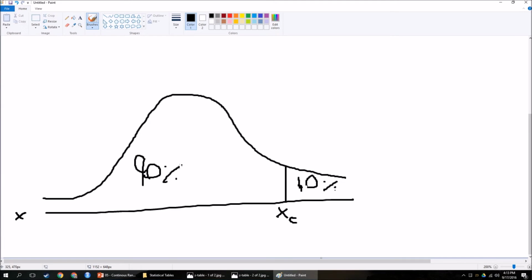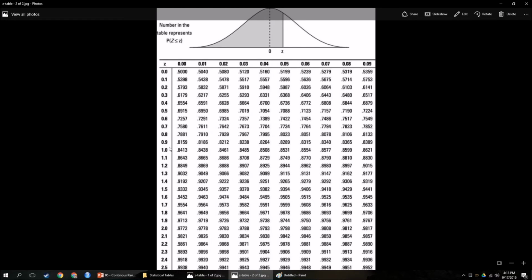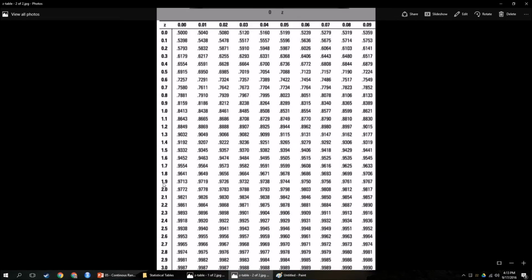So that means we need to look for 0.9, 90%, in the z-table, and then get that critical z-value. Okay, so going by my z-table, I'm looking for the positive z's because 90% is greater than 50%, so I'm positive z's away from the mean. I'm looking for 0.9.